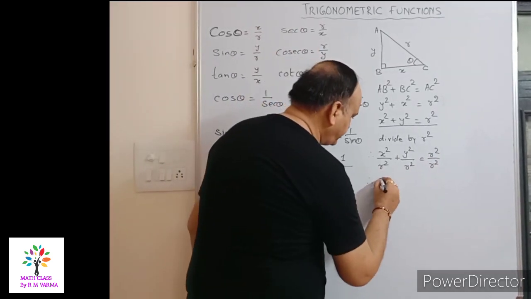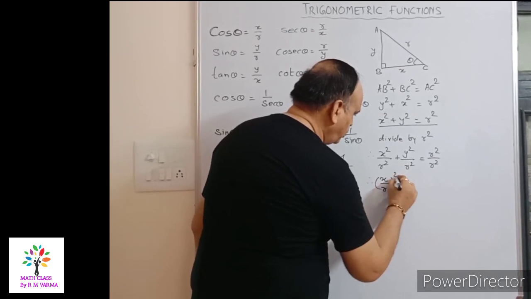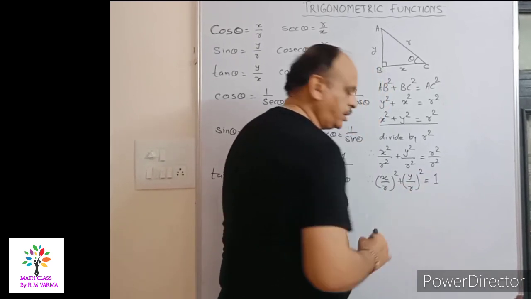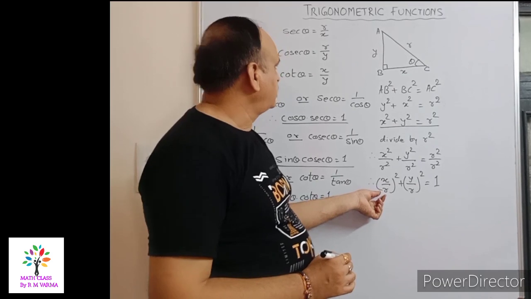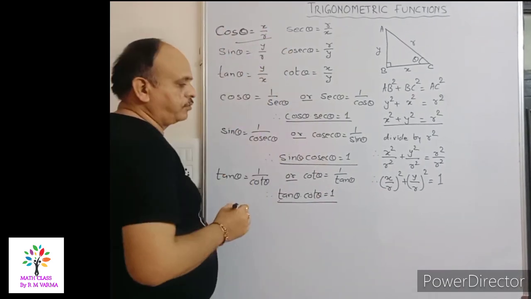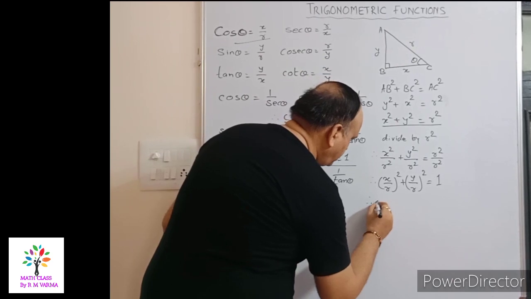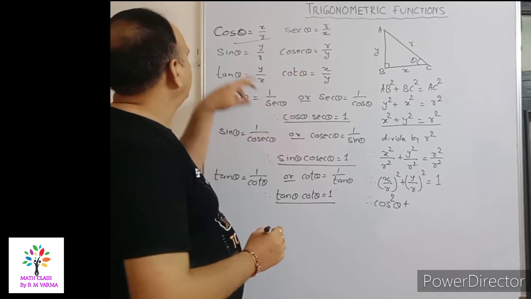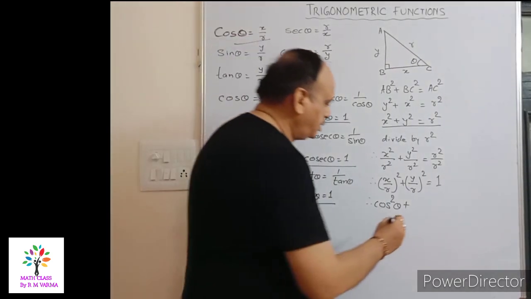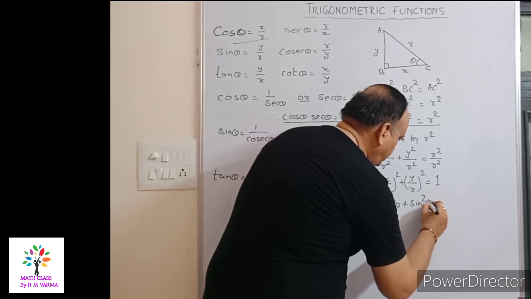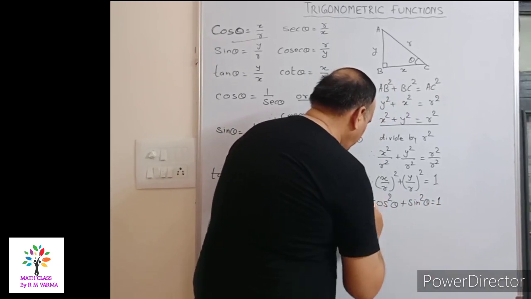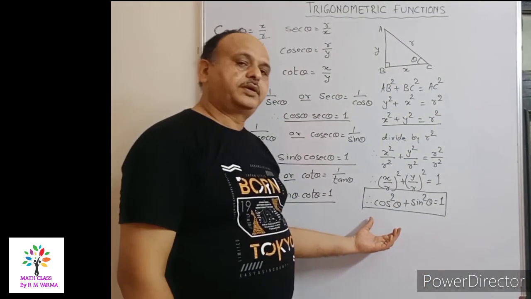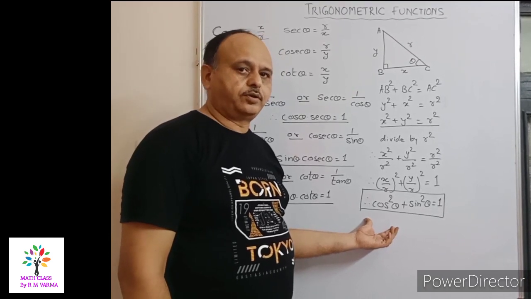This can be written as (x upon r) whole square plus (y upon r) whole square equals 1. Now x upon r is cos, so it can be written as cos square theta plus y upon r is sine theta, so sine square theta equals 1. So you get an identity of trigonometry, the main basic identity of trigonometry.